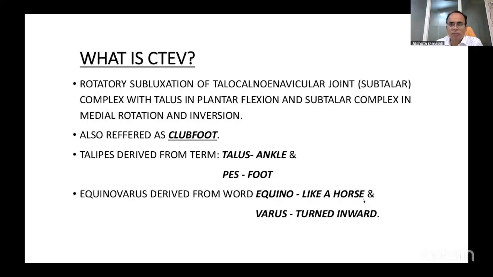Talus, calcaneus, and navicular are the prime osseous elements of the deformity. These 3 tarsals form the talocalcaneal joint, talonavicular joint, and subtalar joint.